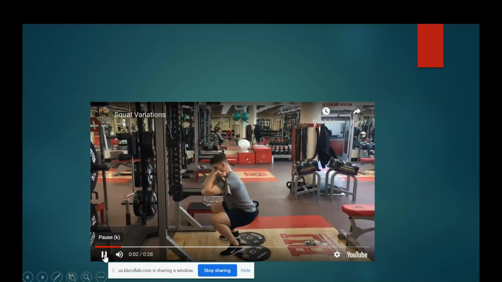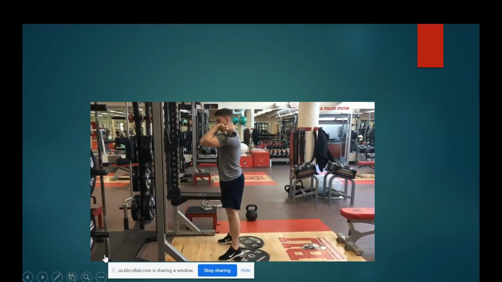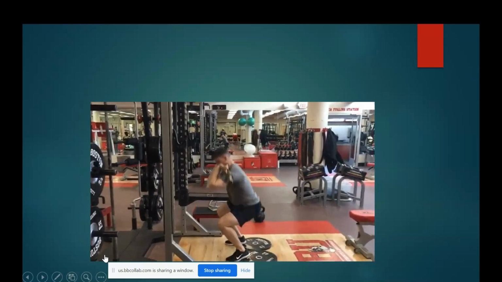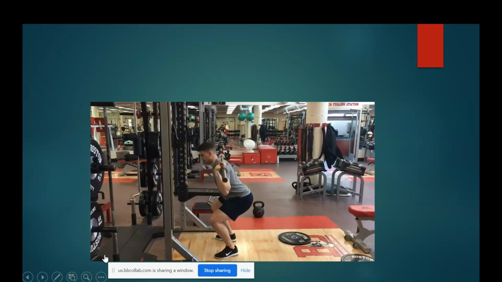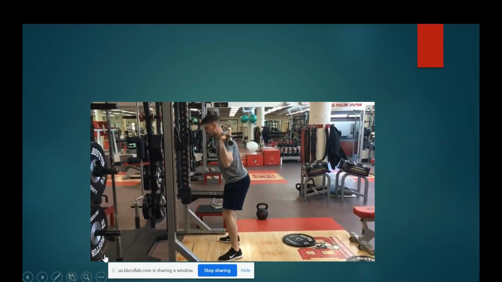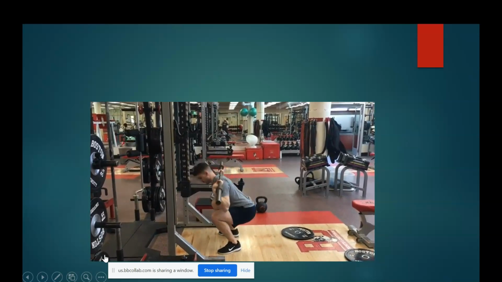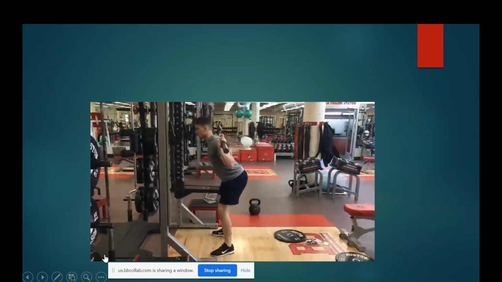So we got a front squat first. Back squat. Low bar back squat.